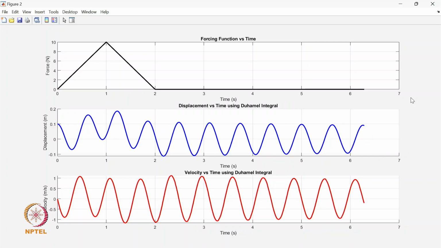So what is happening? Once we apply the force, and we have also given some initial conditions, some displacement, some velocities, it will start from that point and some oscillations are happening. We can see much more oscillation if we reduce the natural frequency of the structure.